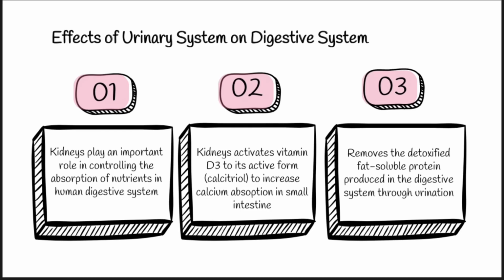Next, the kidney removes the detoxified fat-soluble toxin in the body carried out in the digestive system. The liver, which is the accessory organ of the digestive system, carries out the detoxification of fat-soluble toxins in the body.